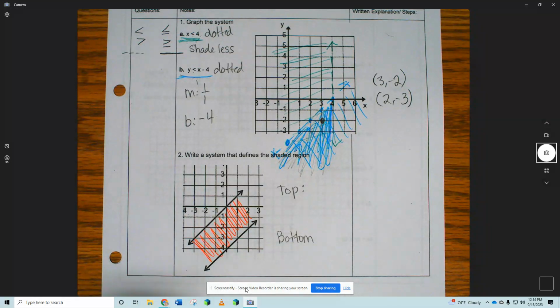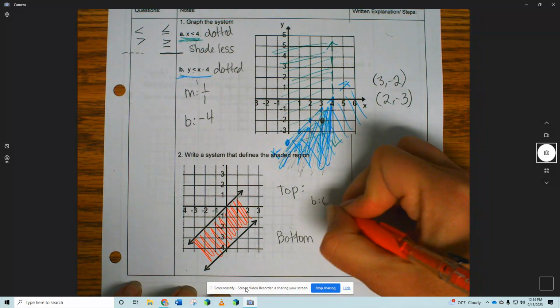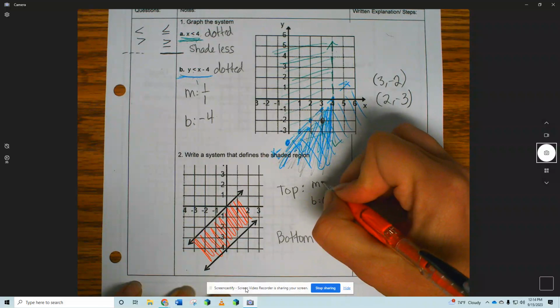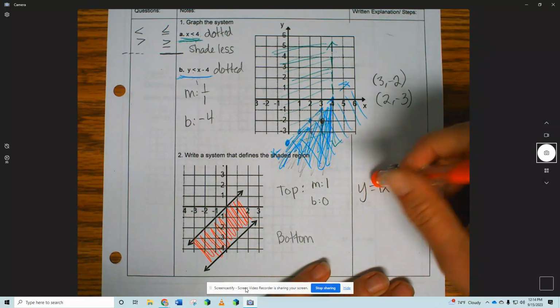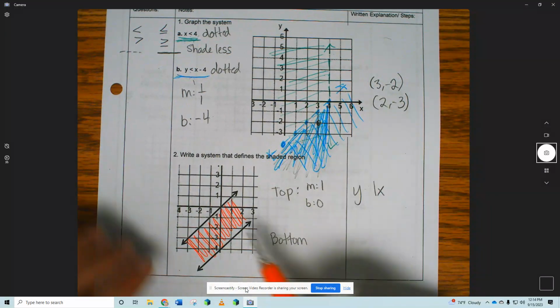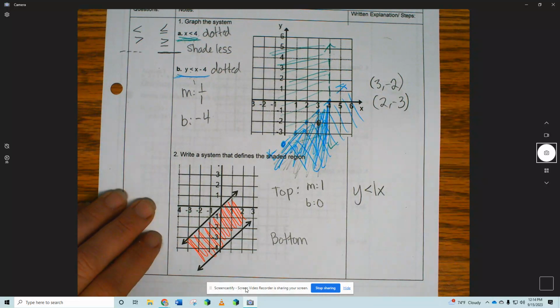What's the y-intercept at that top line? 0. What's my slope of the top line? Y equals 1x. Where's the shading? The shading is underneath the line, right? So you're going to make a less than.